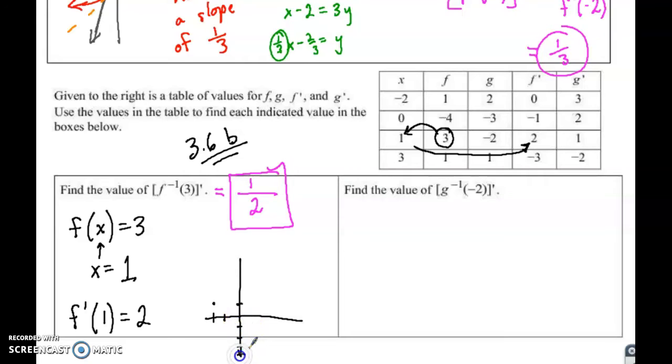So I don't know if you really spent the time thinking about if the inverse even exists. But let's say hypothetically it did. 1, 3. And then 3, -3. Yeah, definitely not one-to-one if we connect these dots.